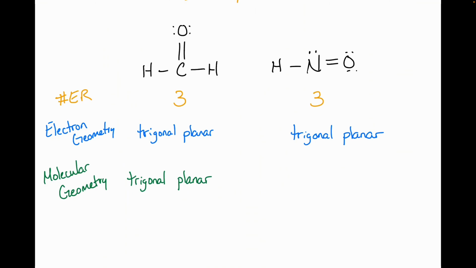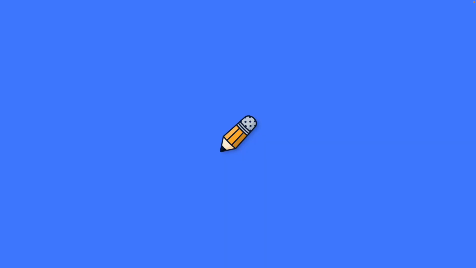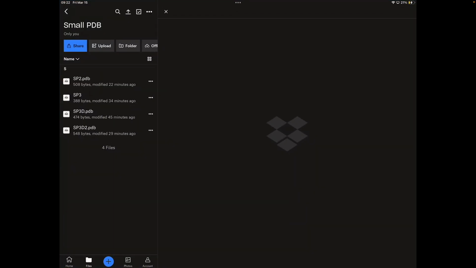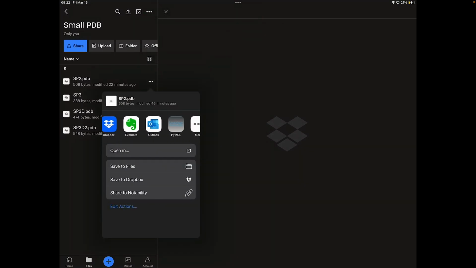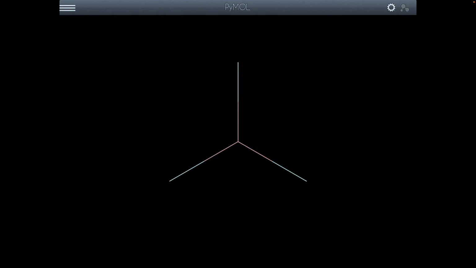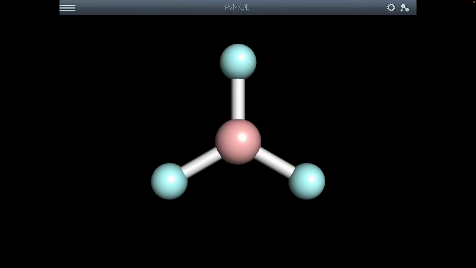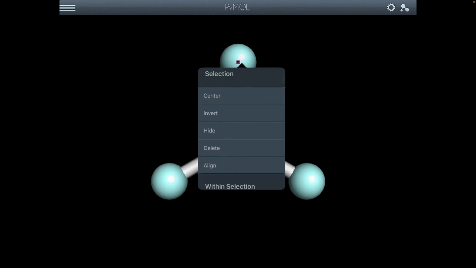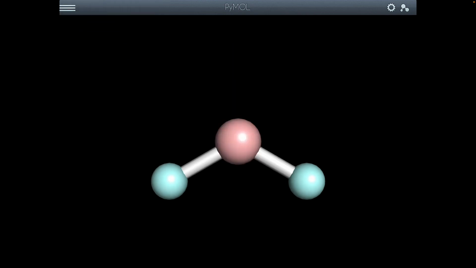But now if we go back here, I'll try to go back. Okay, if we take our trigonal planar electron geometry, but one of these is a lone pair, so it's invisible. We're going to go ahead and hide it here.